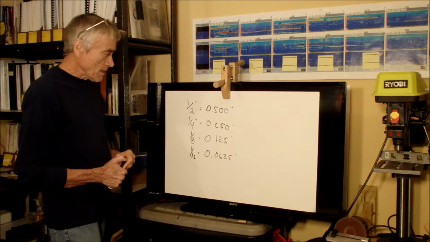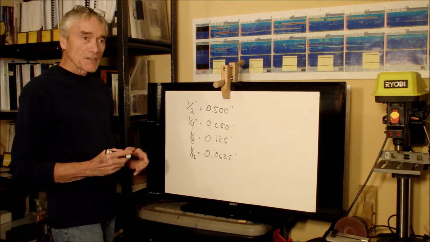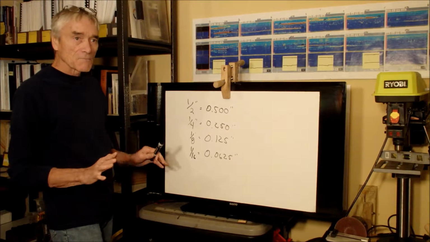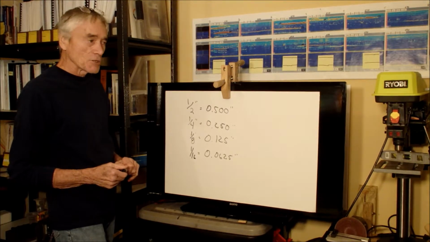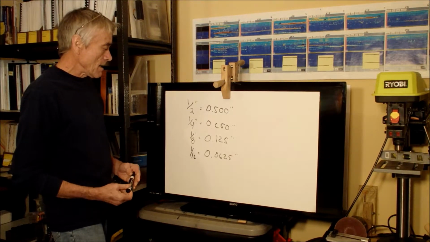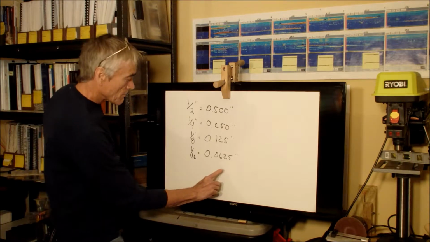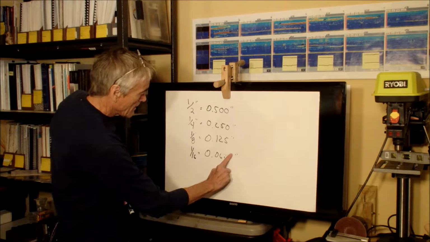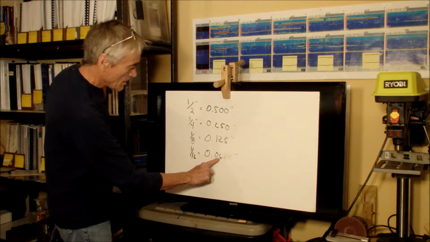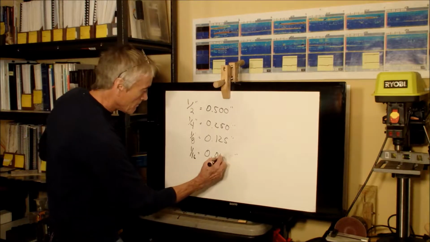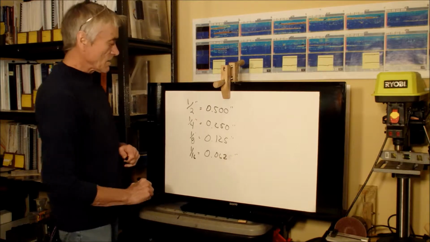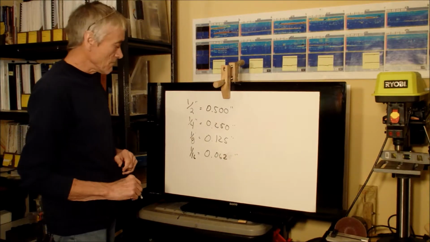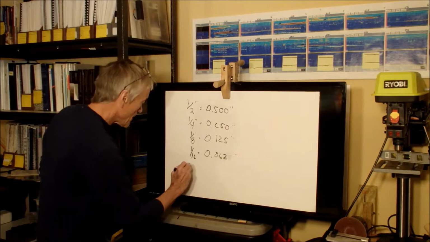And we're going to stay with the convention that we just express everything in terms of thousandths of an inch. So if we were to round that off to 3 digits, by rights we should round that up to 0.063, but I'm going to leave it as 0.062 because I think that's the way I see most people referring to that.